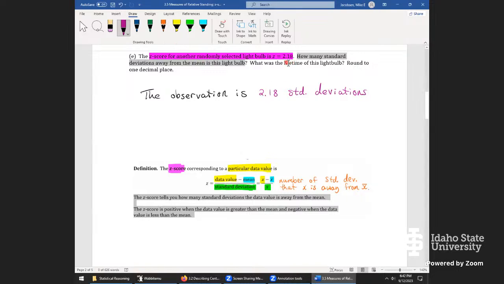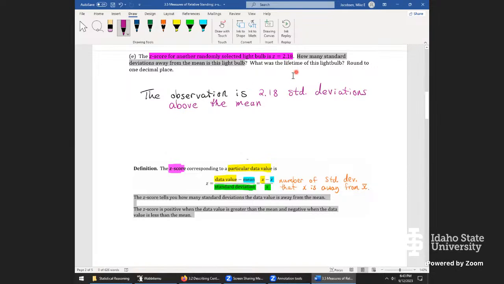That's a positive quantity, 2.18. So we can say it's 2.18 standard deviations above the mean. If it was a negative 2.18, we would have said below the mean instead.